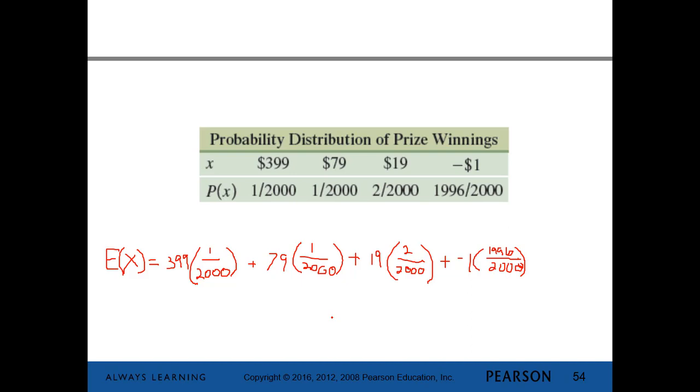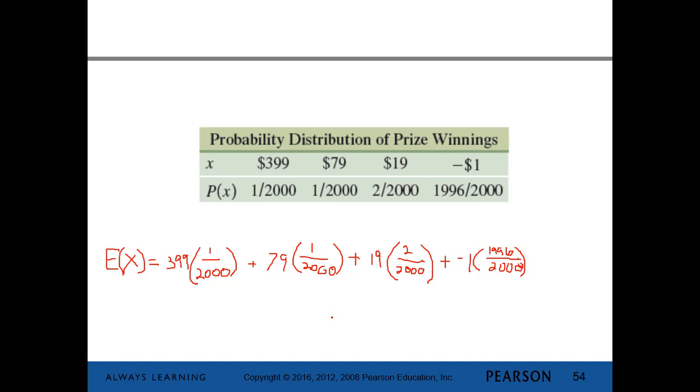We get 399 divided by 2,000, plus 79 divided by 2,000, plus 19, hold on, so it would be 38 divided by 2,000, and then minus 1996 divided by 2,000.